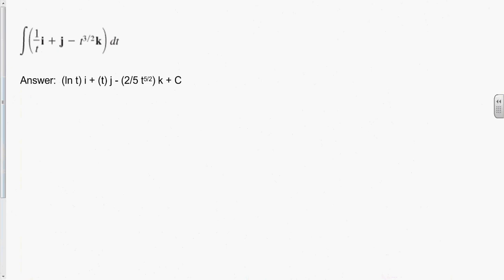But natural log absolute value of t times i plus t times j, and then minus 2 over 5 times t to the 5 over 2 power times k plus c. Okay. Good. All right. Any questions there?